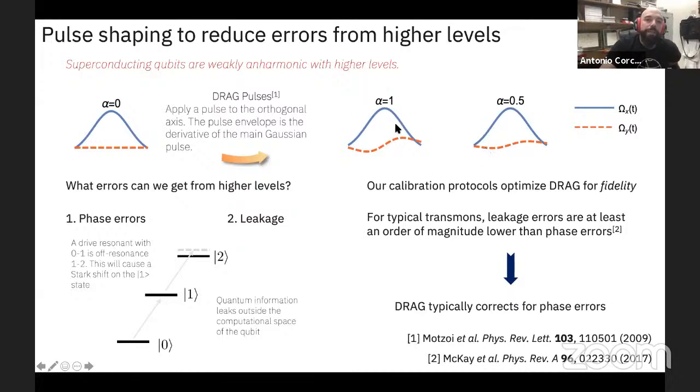Then we calibrate this for the lowest error in our gates, depending on whether the error is dominated by phase errors or leakage, which will have different results in our calibration. These papers talk a little bit more about this technique, which is called DRAG, and we use this to be able to make our gates a bit faster than if we just had a Gaussian pulse.